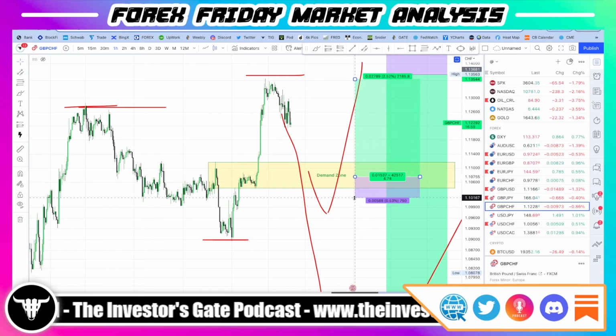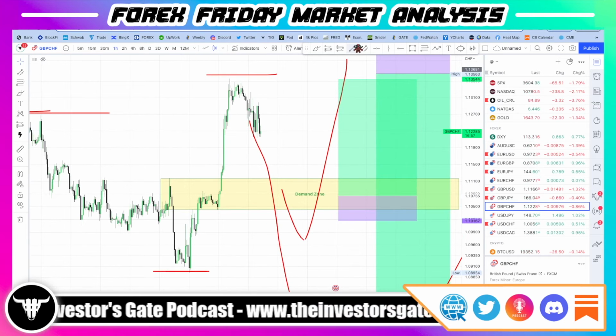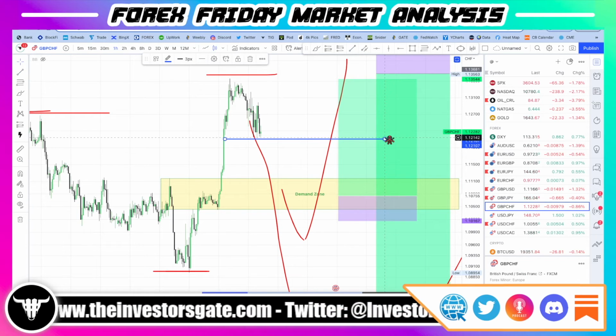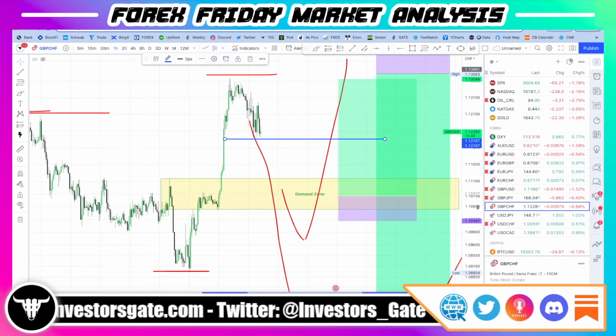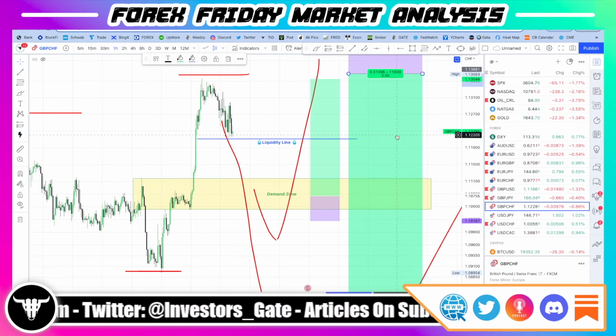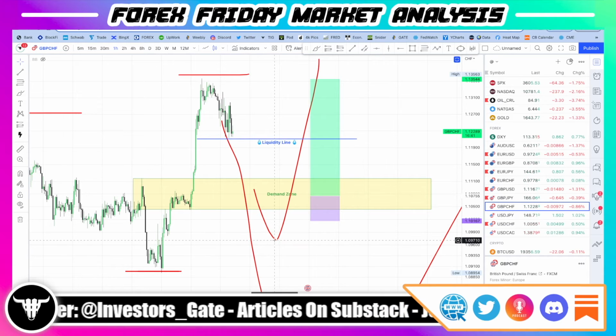And what I would love to see to really convince me of taking this is a build up of liquidity. So we have this low right here, right? So I call this a liquidity line. Let me get rid of some of this nonsense, make it look a little cleaner.